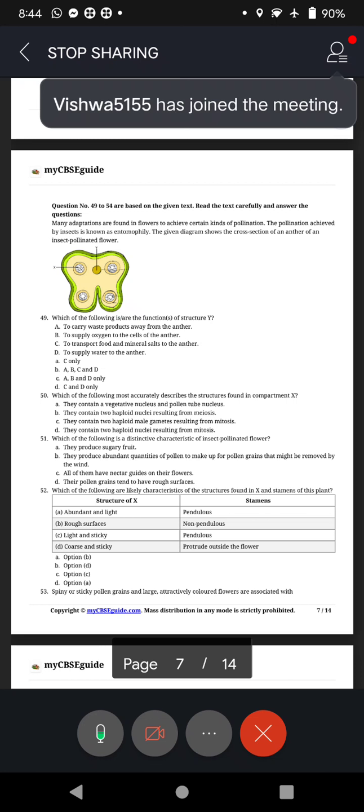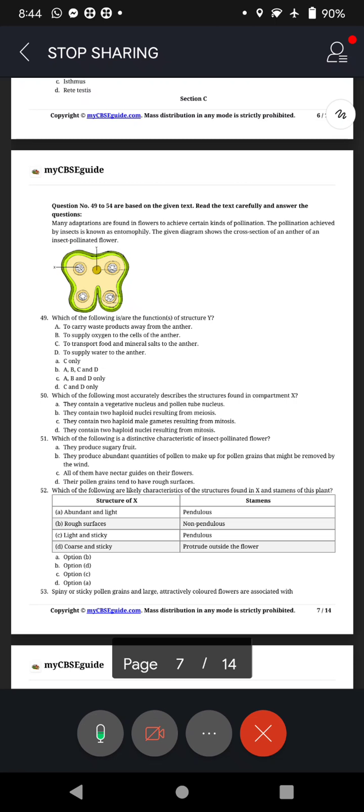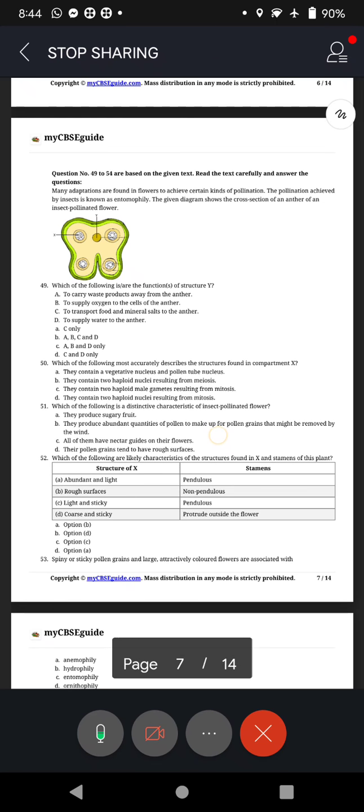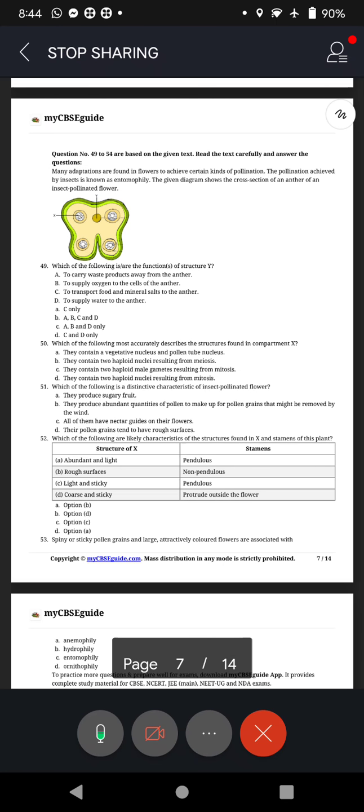C, to transport food and mineral to anther. D, to supply water to anther. Now ABCD choices: C only, B, ABCD, C, A, B and D only, D, C and D only. So there are two steps in this. Step number 1 is identify Y and find out what is the function of that.